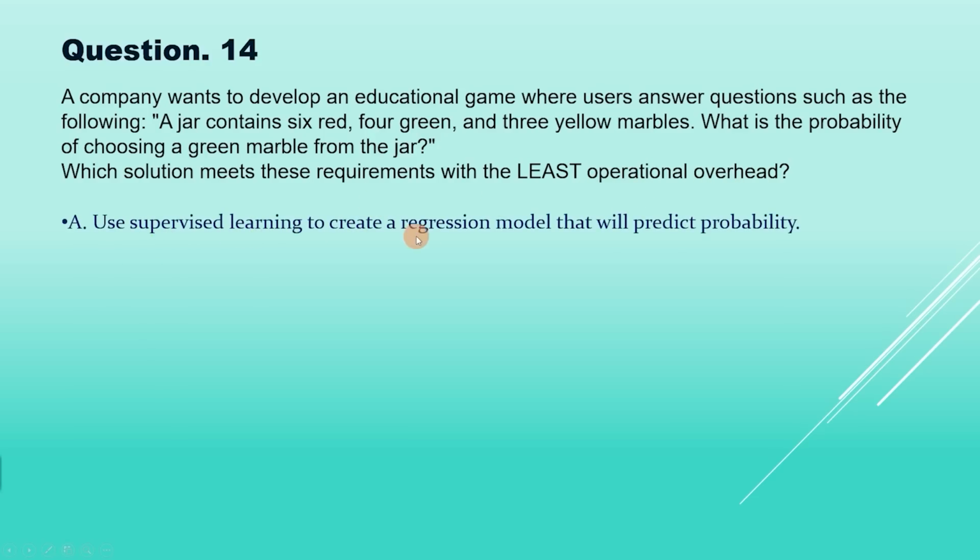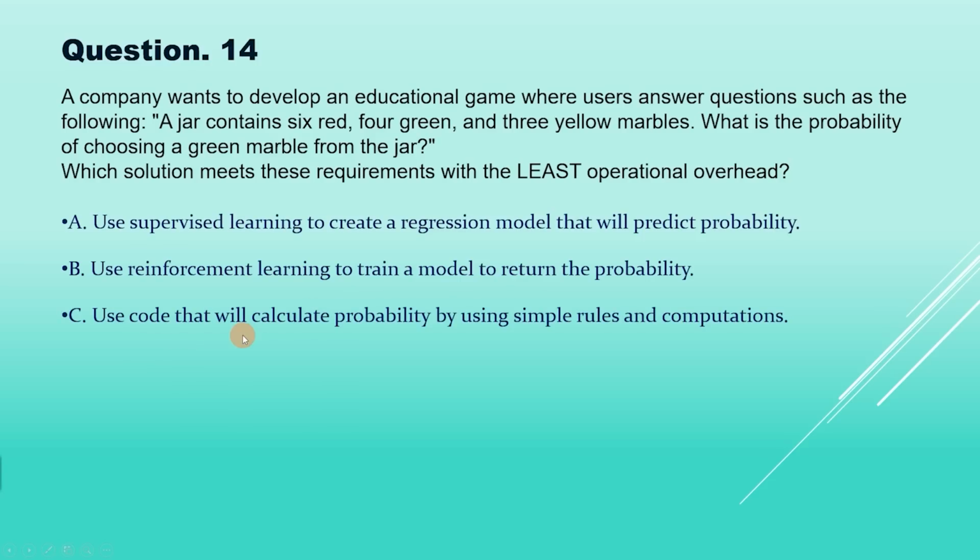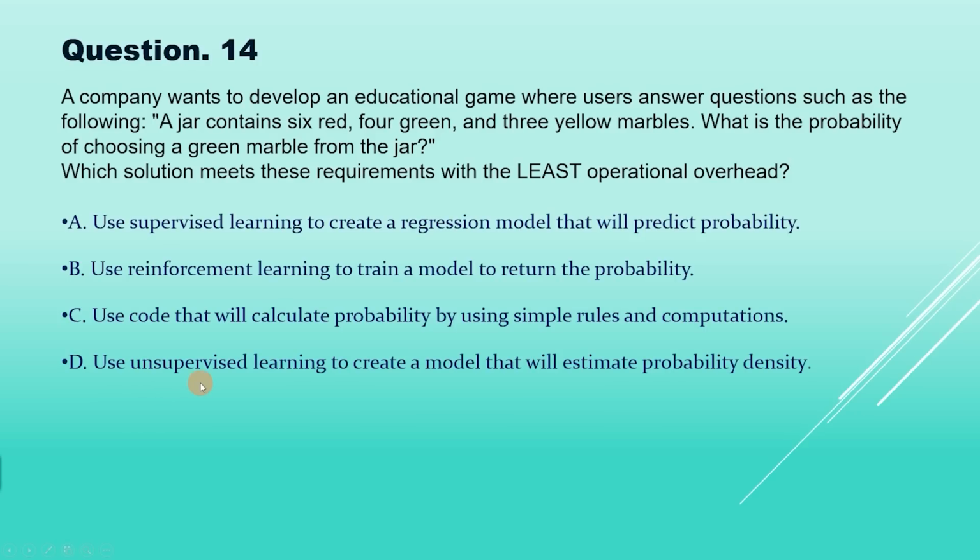Option A, use supervised learning to create a regression model that will predict the probability. Option B, use reinforcement learning to train a model to return the probability. Option C, use code that will calculate the probability by using simple rules and computations. Option D, use supervised learning to create a model that will estimate probability density.